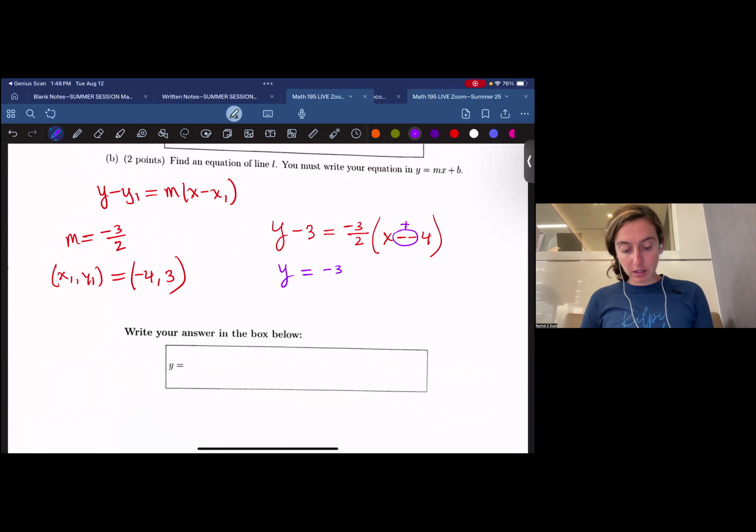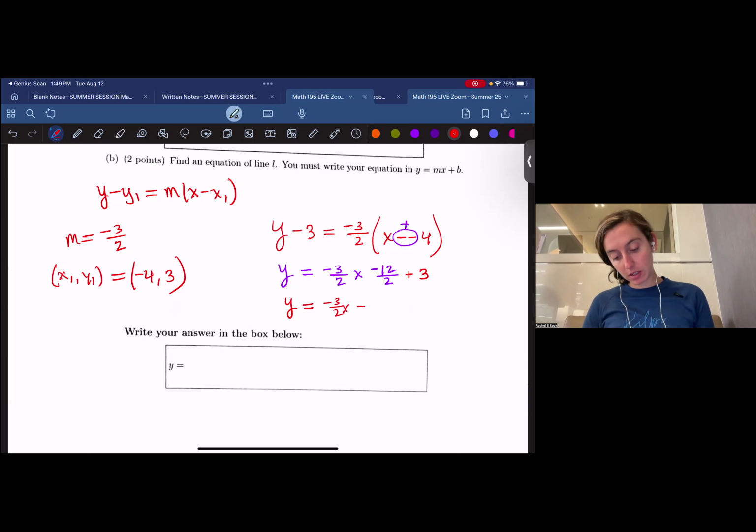So we get -3/2x minus 12/2, and then we're going to bring the 3 over. So we're looking at -3/2x minus 6 plus 3. And finally, we arrive at our slope-intercept form, -3/2x minus 3. And we're done.